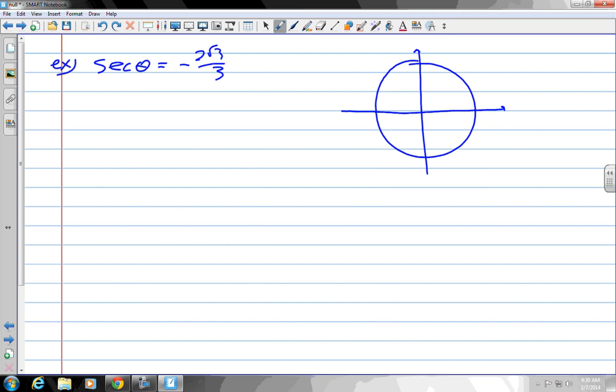If you have an equation that involves secants, because we'll have equations that involve all of them, it's always easier to think about the cosine, because the cosine is just the reciprocal of the secant. So this equation is equivalent to solving cosine theta equals negative the reciprocal of that, which is 3 over 2 square roots of 3. If you rationalize that, it's just negative square root of 3 over 2.